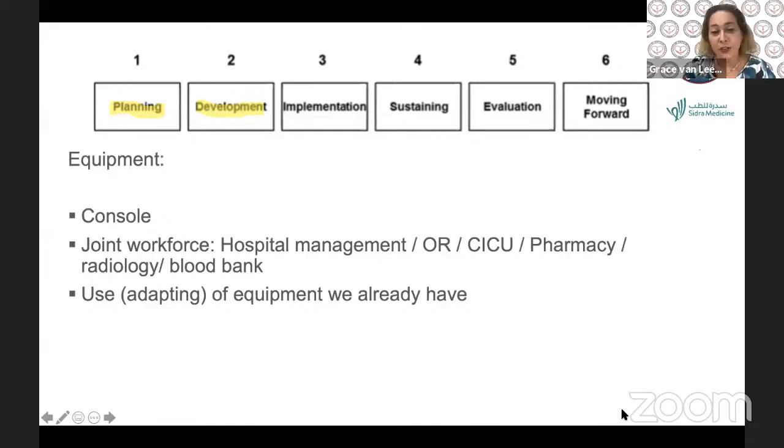And then the other thing that we had to do is adapt the things that we already had, because we couldn't buy everything. And some of the things, even if we could find the money to buy them, were not available in Brazil. For example, we have the Spectrum machine, the inline real-time blood gas monitor that we use for ECMO. We don't have that in Brazil, so we had to think how we could do that.